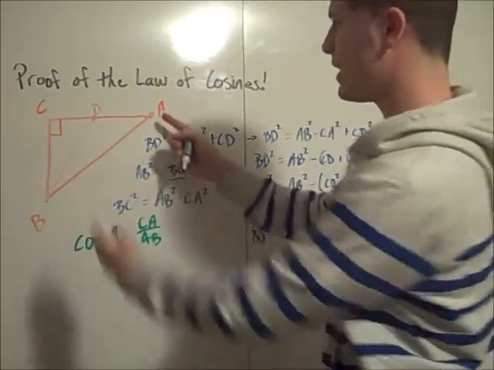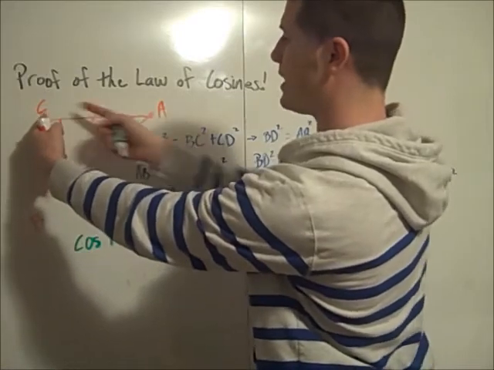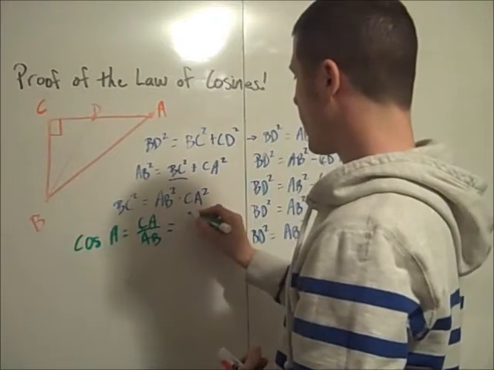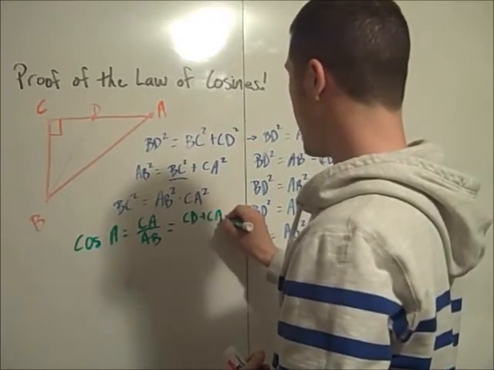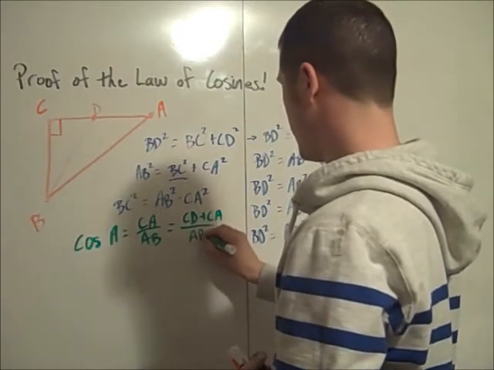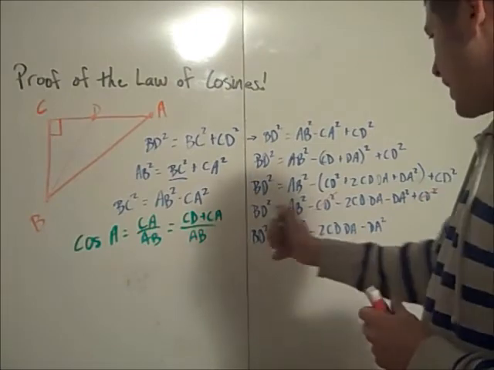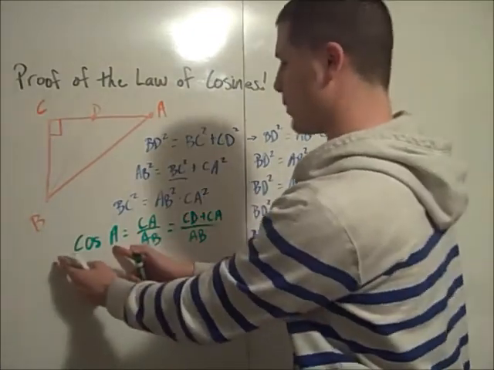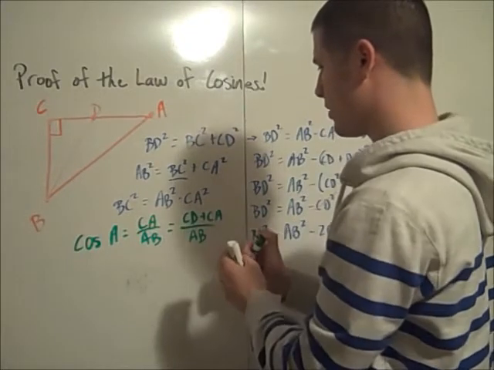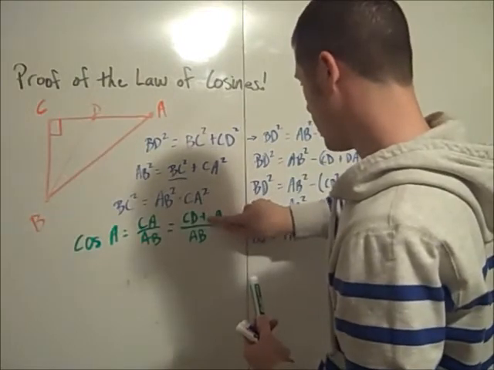But remember that CA, we can use the segment addition postulate to substitute CD plus DA in for CA. So this is CD plus DA over AB.